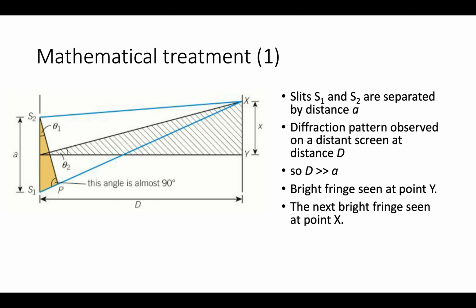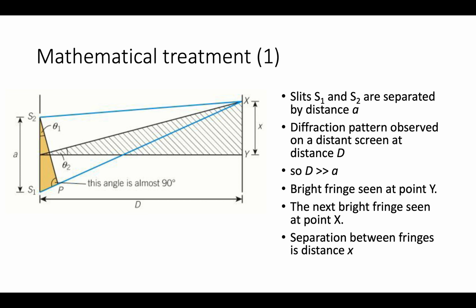The horizontal scale on this diagram is much bigger than the vertical scale. What that means is we can measure the separation between the two fringes, x and y.